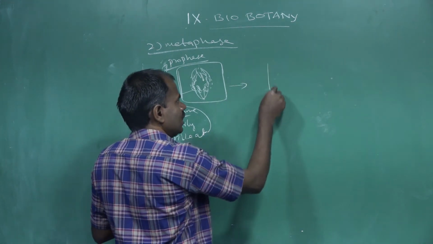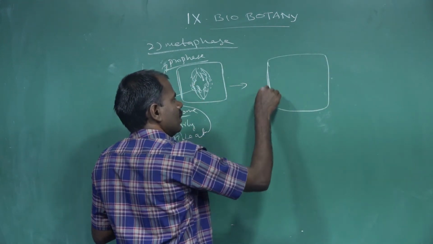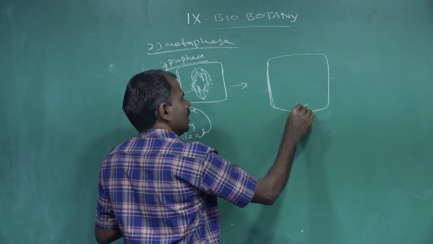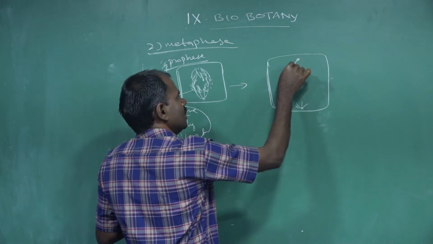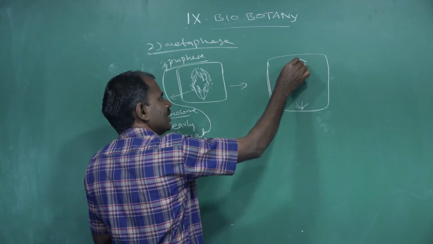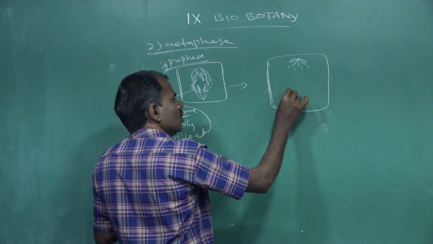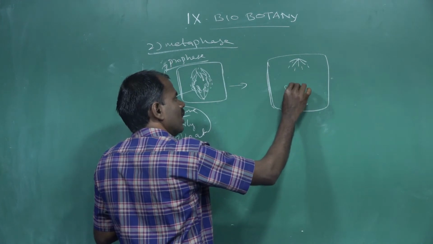Next, the metaphase stage. In the cell, aster rays are formed at the opposite poles. These aster rays and spindle fibers attach to the centromere and chromosomes.